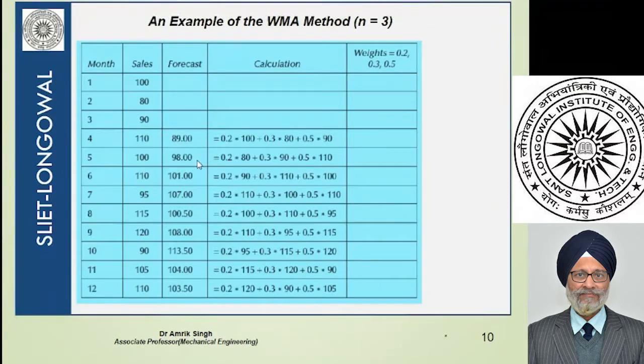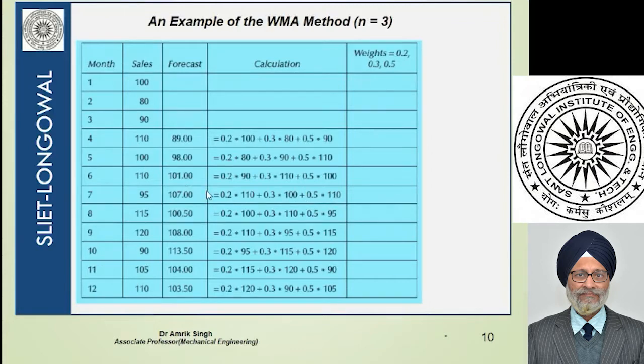Similarly, you see this 89, how has it come? 89 has come based on this. Now for the next one you see 80, 90 and 110. Then for the next, 90, 110 and 100. For this, you see 100, 110 and 100.